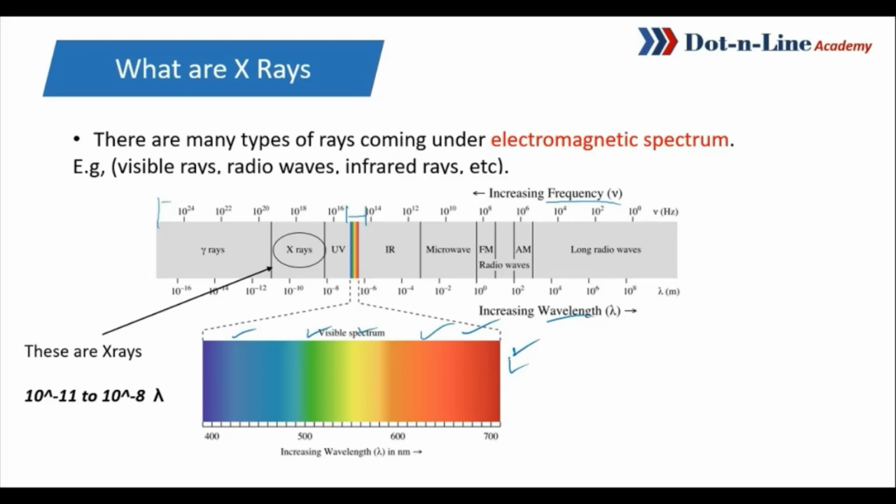On either side of it there are many kinds of rays that we cannot see but they exist. Increasing the frequency, or decreasing the wavelength, we find X-rays having a wavelength of 10 to the power minus 11 to 10 to the power minus 8 meters, which is in the nanometer range.